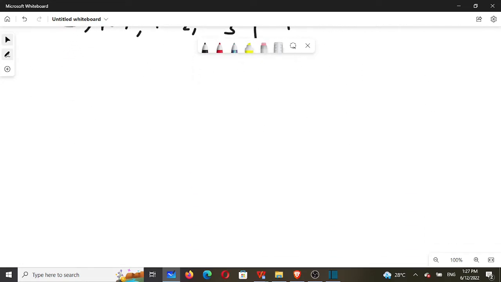Now we have to show that this spans M22.